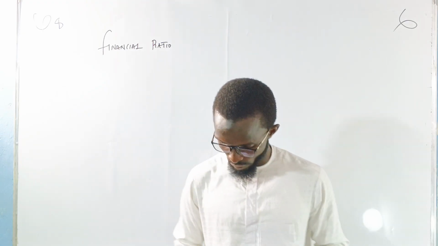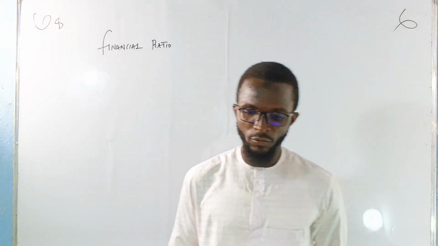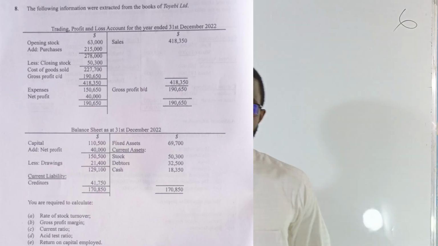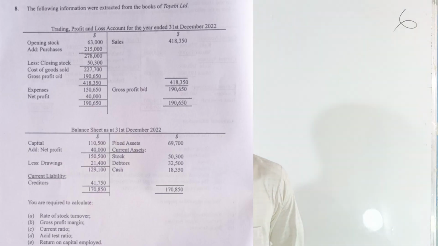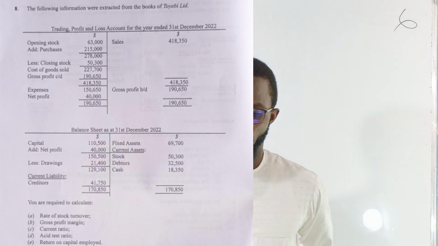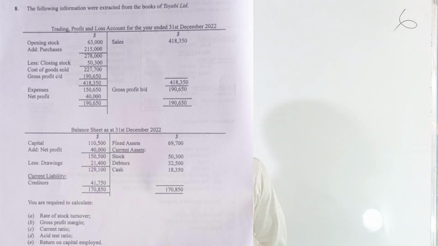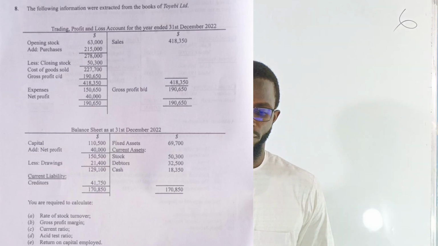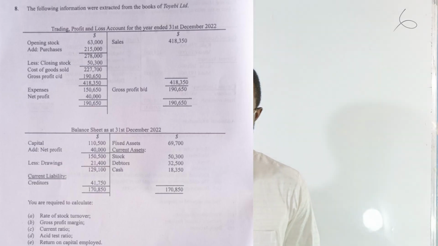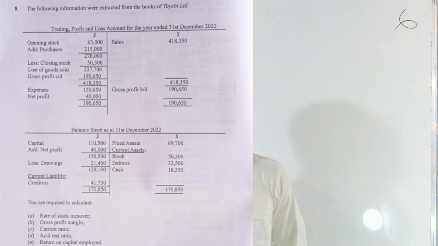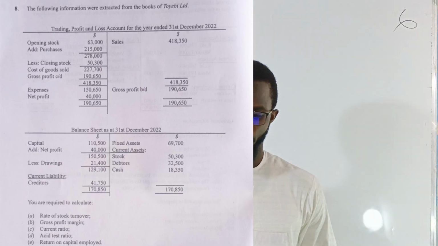So from the question here on the board, the following were extracted from the books of Toby Limited. Trading profit and loss account for the year ended 31st December 2022. For the debit side, here is the information on your screen, and for the credit side also. Then the balance sheet as at 31st December 2022.